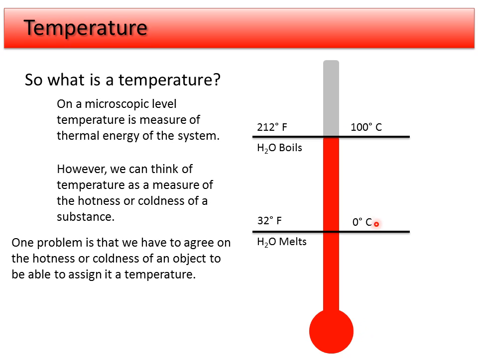So there are 100 evenly marked spaces between 0 degrees and 100 degrees Celsius, from where water melts to where water boils at standard pressure. In the Fahrenheit scale, 212 degrees is where water boils. And there's a reason why we use water boiling and water melting: they sit at that temperature when they go through this phase change. We'll talk about that in another video as well.